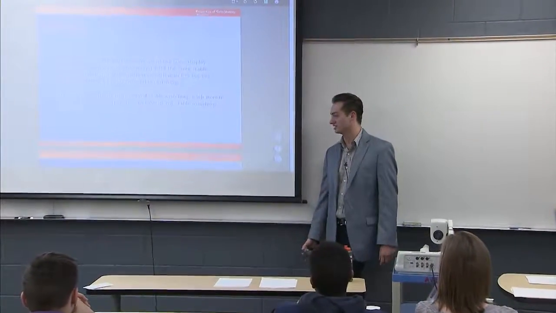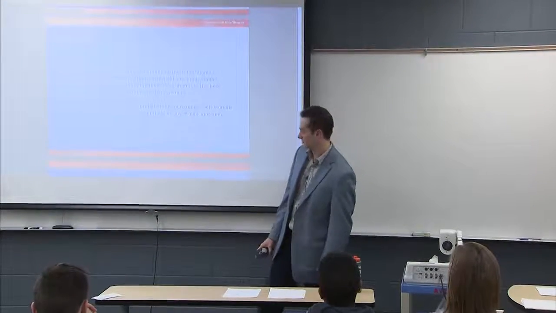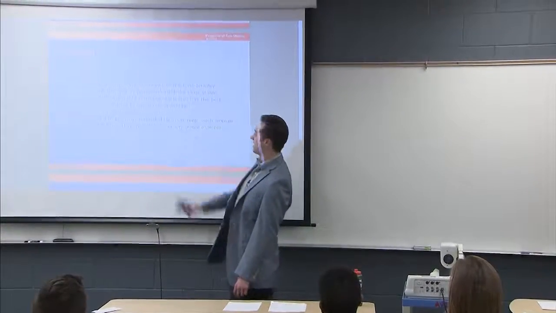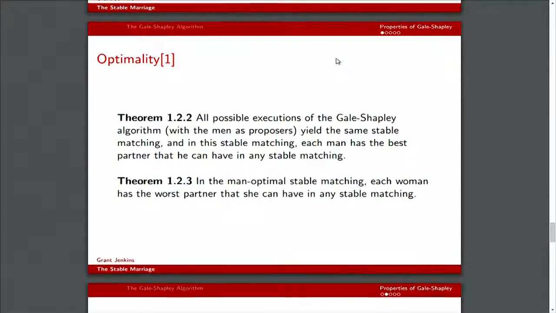Now just a couple quick things about the Gale-Shapley algorithm that are a little bit interesting. No matter how you do it, or no matter the order of the men that are proposing, every single execution of the Gale-Shapley algorithm will give you the same result.